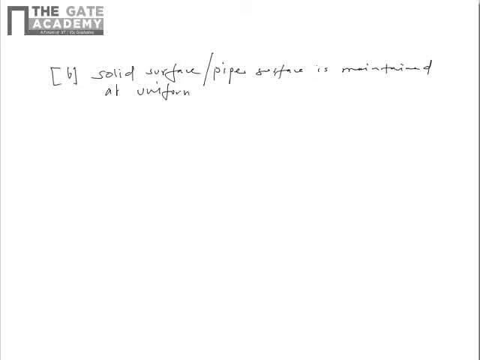Now consider the second situation in which the solid surface or pipe surface is maintained at uniform temperature. In that situation Nusselt number Nu is given as hd upon k is equal to 3.66 if the flow is laminar.